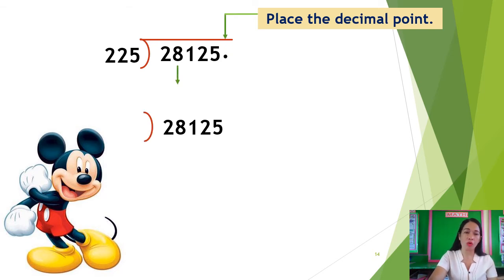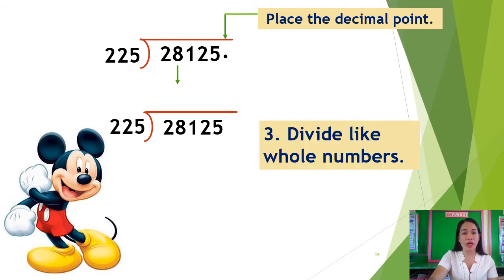So now, we can divide the decimal numbers as whole numbers. So, start with 281 divided by 225. The answer is 1. So 1 times 225 equals 225. So 281 minus 225 equals 56.